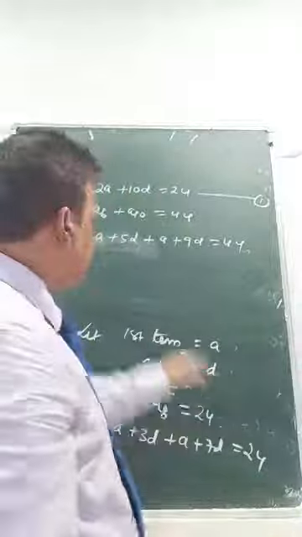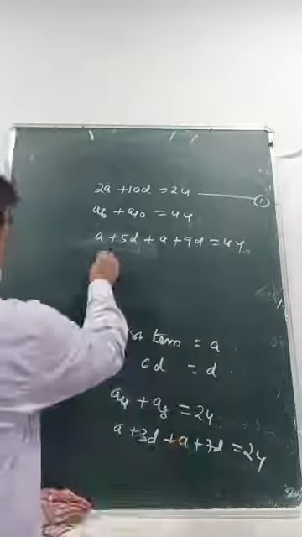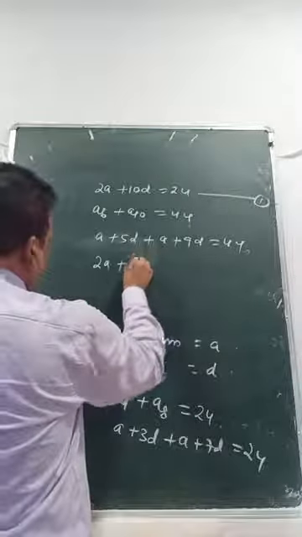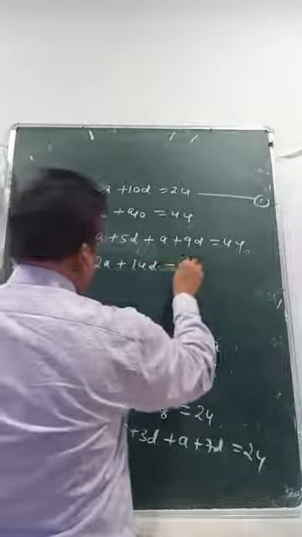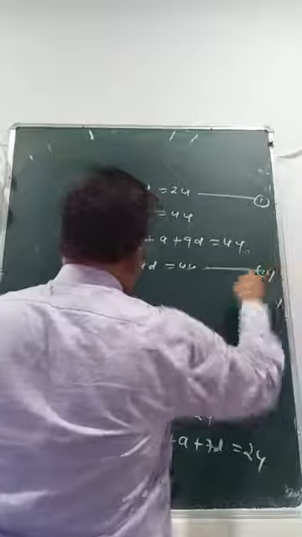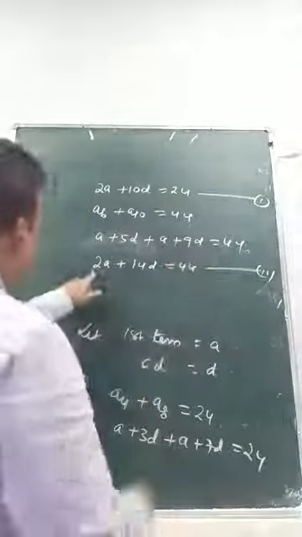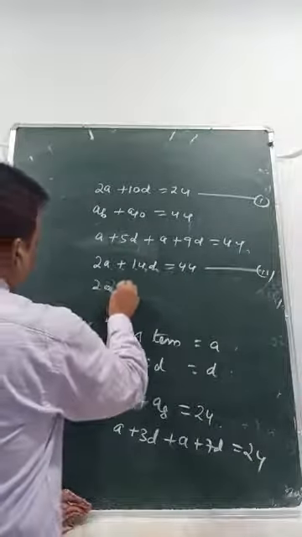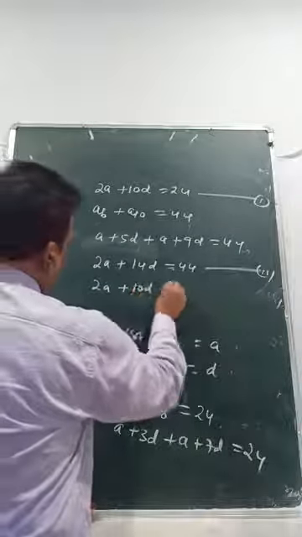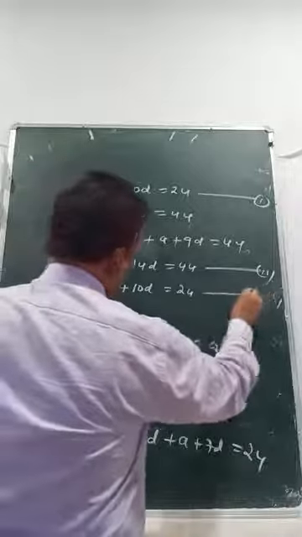Okay, then 2A plus 14D equals 44. This is equation number 2. Let's solve these two. You can write below this 2A plus 10D equals 24, equation number 1 I wrote.